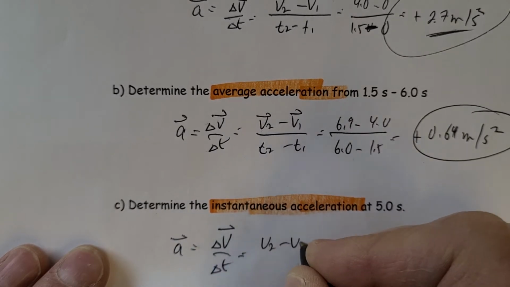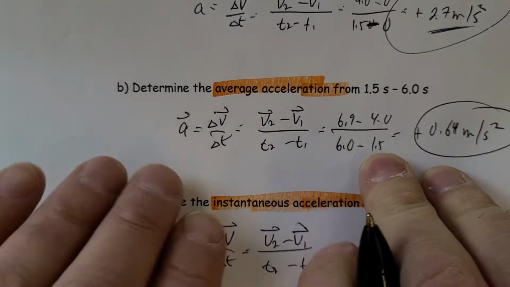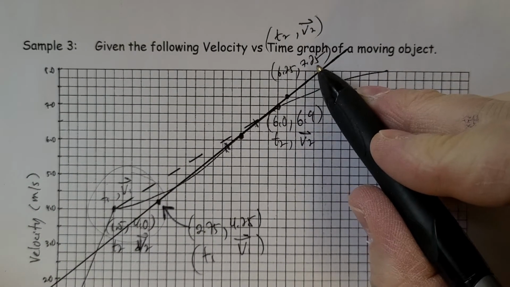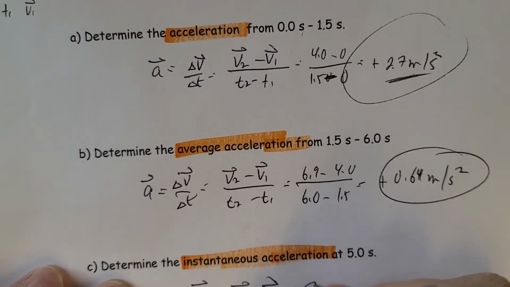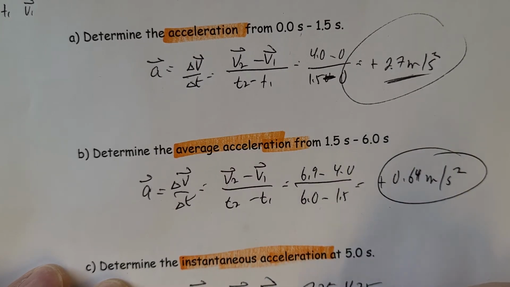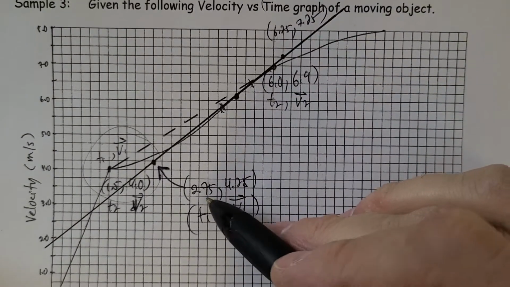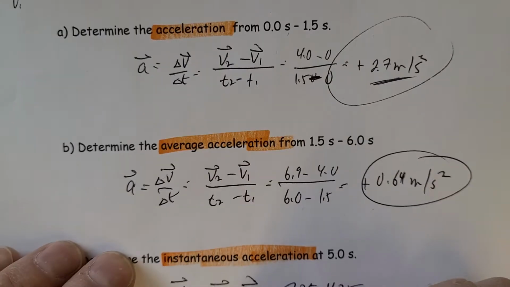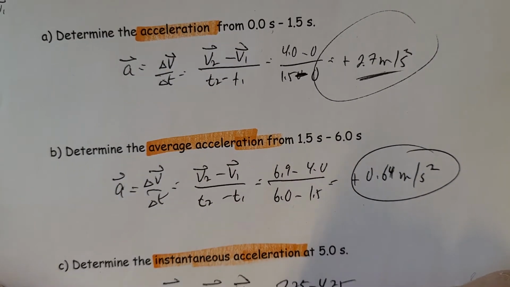So V2 minus V1 over T2 minus T1. So my V2 is 7.25 and V1 is 4.25. And then my T2 is 6.25 and T1 is 2.75.